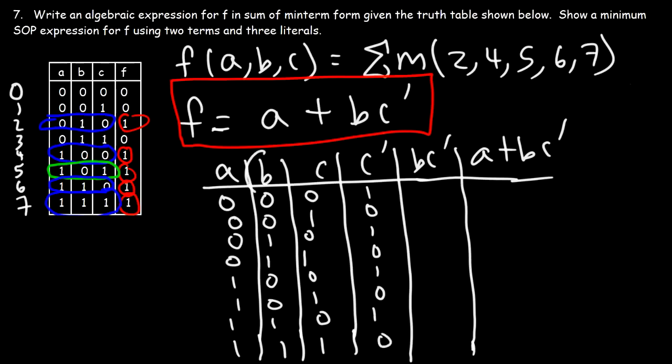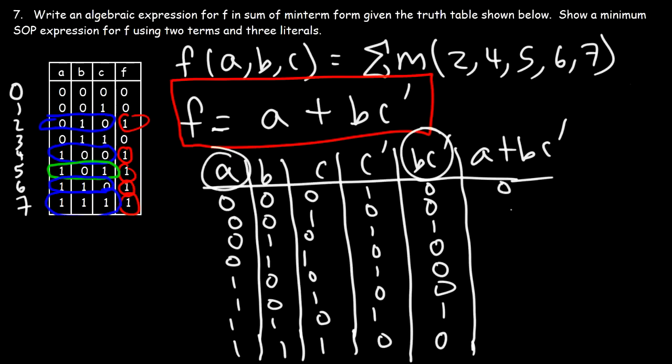Now let's multiply B by C prime. So 0 times 1, 0 times 0, 1 times 1, 1 times 0, 0 times 1. And you can just fill out the rest. 1 times 0 is 0. Now let's add A with BC prime.